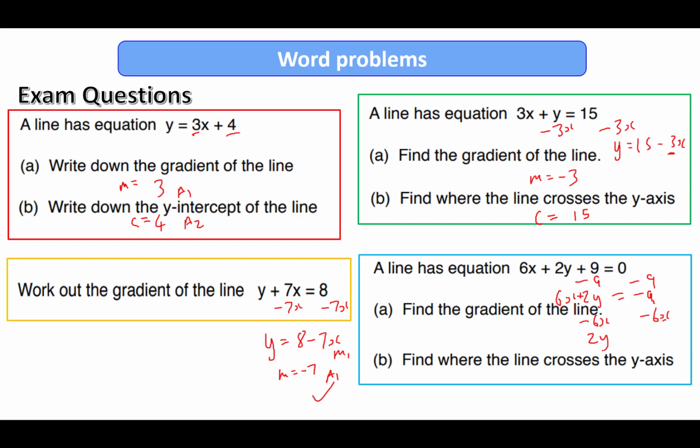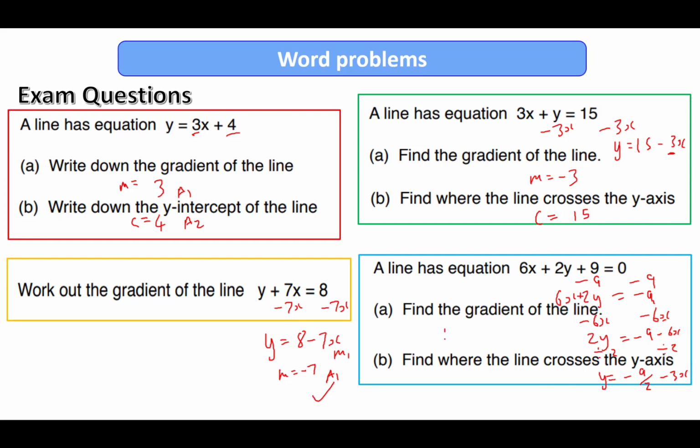So you get 2y equals minus 9 minus 6x. Now divide by the 2 to get y on its own. So y equals minus 9 over 2. 6 divided by 2 is 3, so minus 3x.